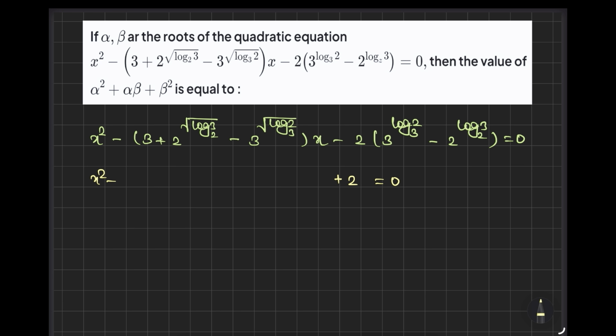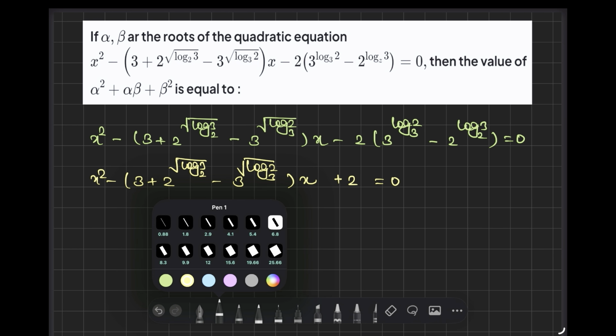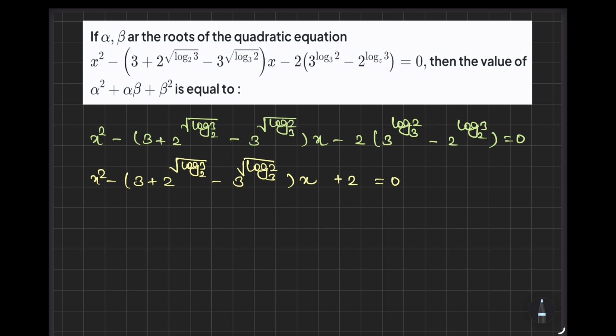Now I'll copy paste the question one more time. So x square minus (3 plus 2 to the power log 3 base 2 minus 3 to the power log 2 base 3, everything inside root) times x. Now in this problem, this part is a little bit annoying. So we have to understand how to break down this part. Suppose I ask you to write down 2.